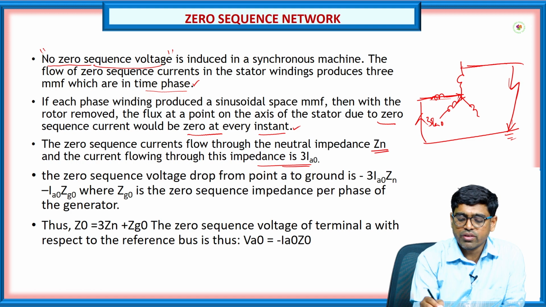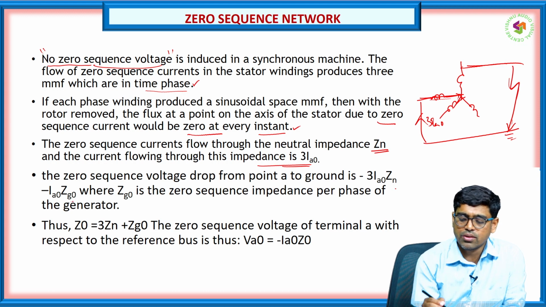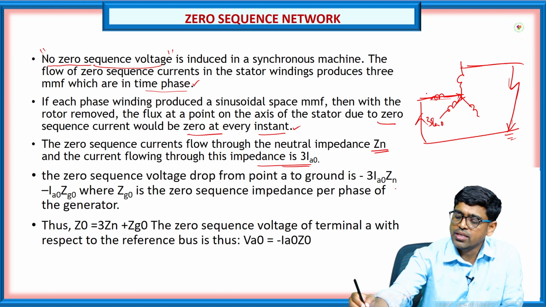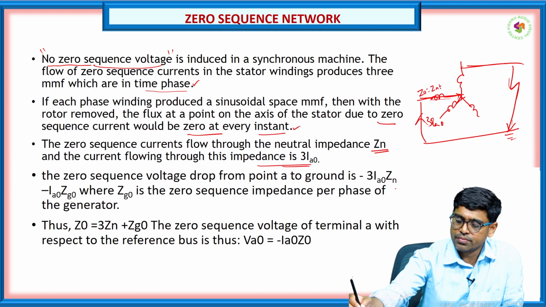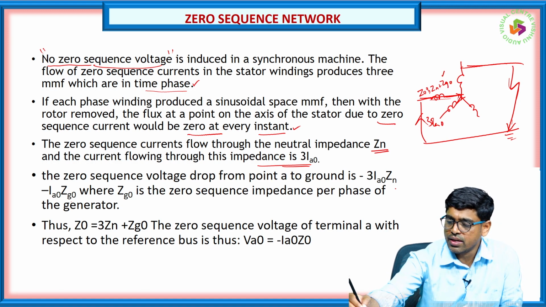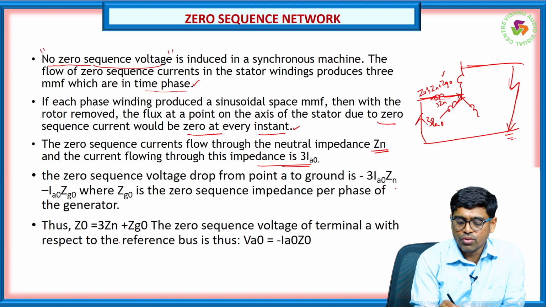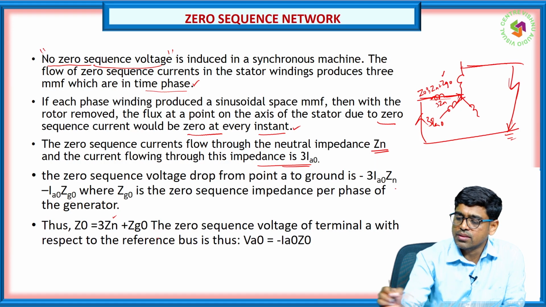So the zero sequence voltage drop from the point to the ground is minus 3 Ia0 into Zn minus Ia0 into Zg0. So Z0 is nothing but 3 times Zn plus Zg0, where 3 times Zn is the impedance offered by the grounding.